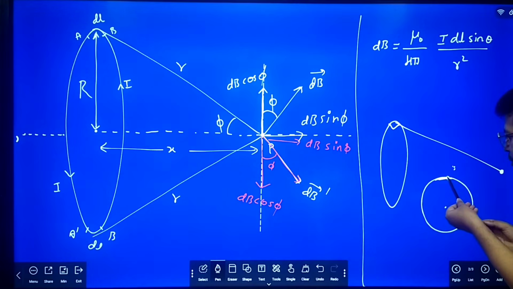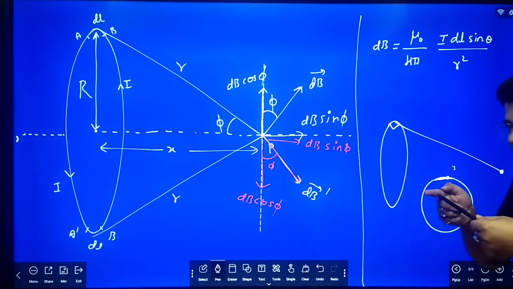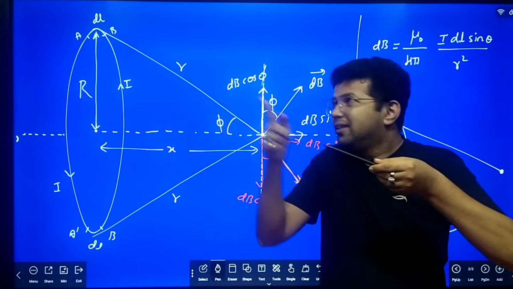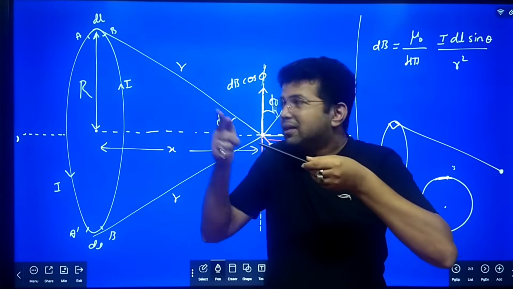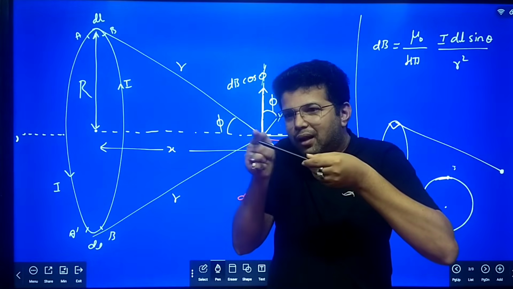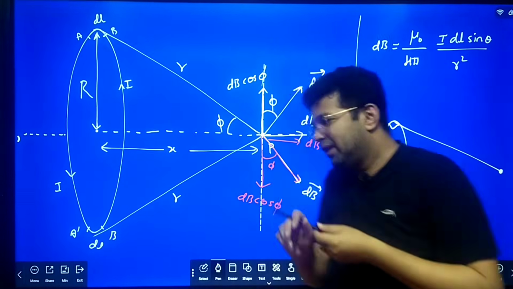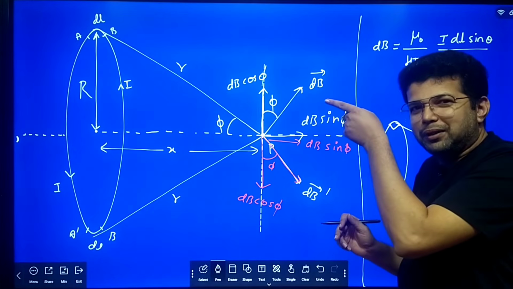So what is the angle between this R and the current element? You see, it is 90 degrees. Because if you take out that small current element and keep it here, what is the angle between it and R? 90 degrees. In the diagram it is very difficult to specify it.